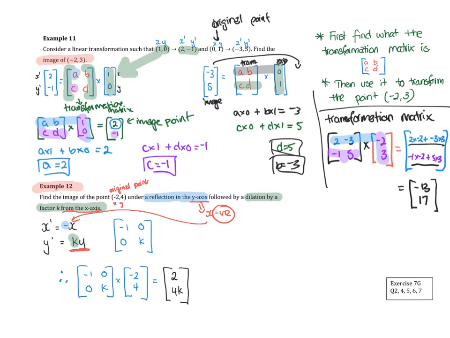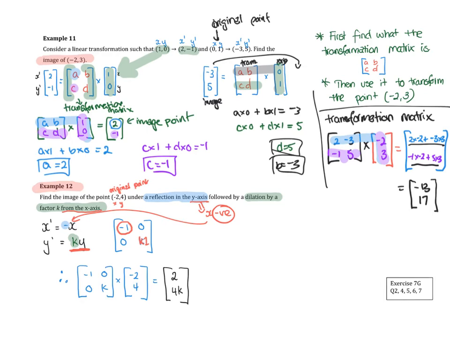So, because I want the X to be negative, the number 1 here will affect the X. So I just want it to be negative, so I'll just make it negative. Now the K, because we want the Y, we would really have K times 1. We don't need to have the 1 there, do we?